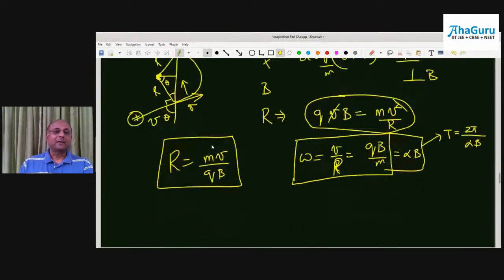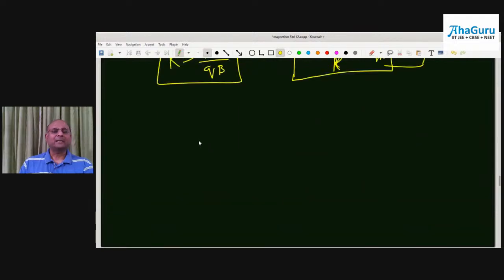Now the question is, what happens if the magnetic field was, let's say, like this, in this direction, and the particle, instead of moving perpendicular, was moving like this? Velocity was in this direction. Then what would happen? If the charged particle has velocity like this, you can resolve that velocity into two parts.